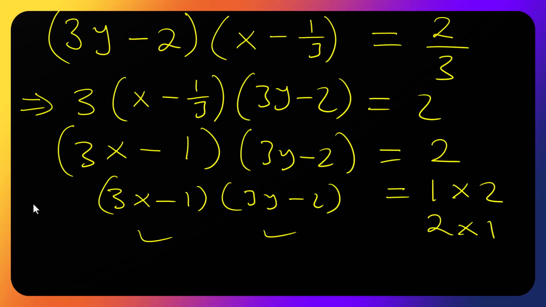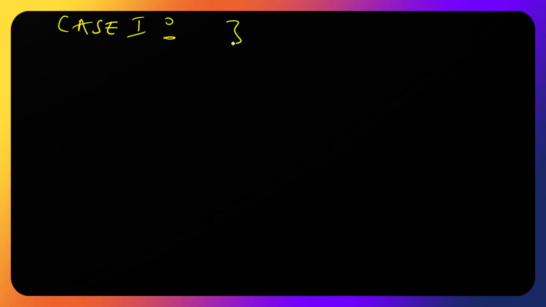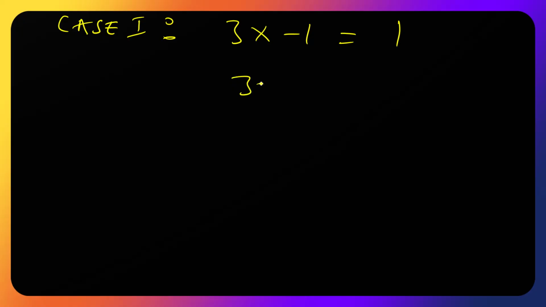So let's start with the first one, case 1. In case 1, we have 3x minus 1 equals to 1, and 3y minus 2 equals to 2.